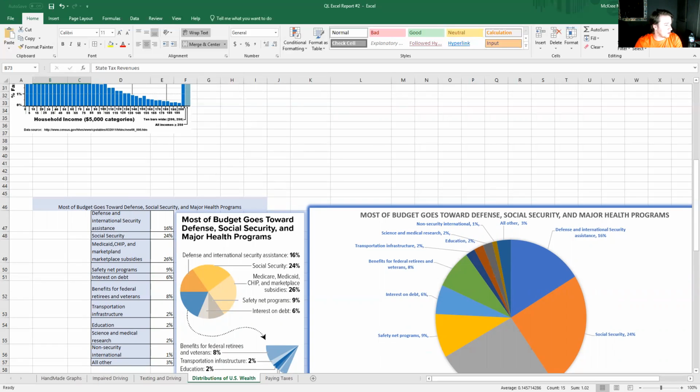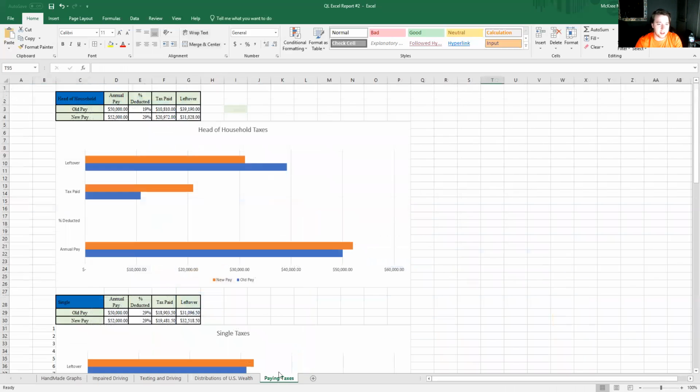And we're moving on to the next one, which is paying taxes. This one shows what happens when you get a raise at your job. So your old pay was $50,000, and you get a $2,000 raise.